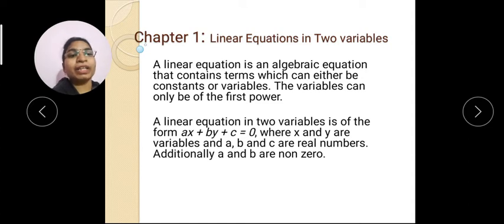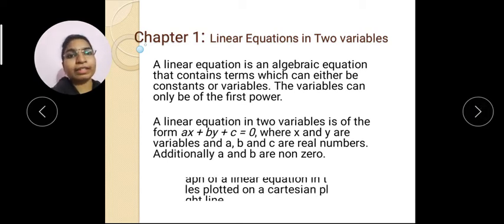So the set of rational and irrational numbers are the real numbers. It means that the values of a, b, c are constant values, or maybe they are real numbers. Understood, students?